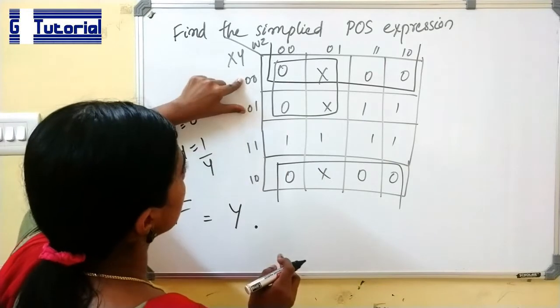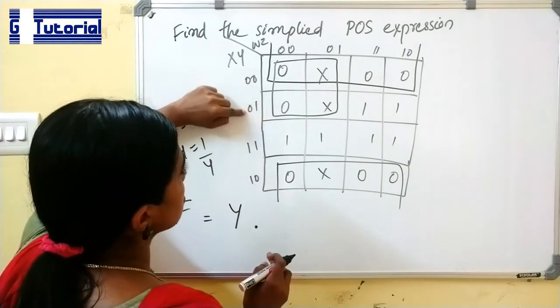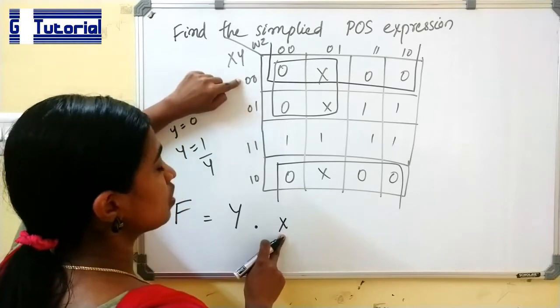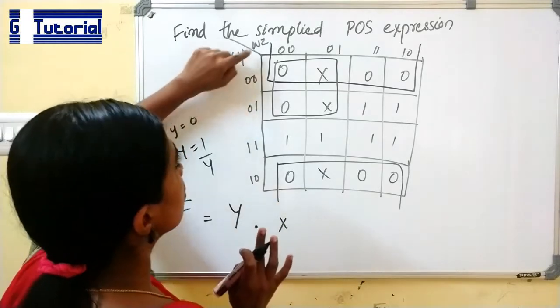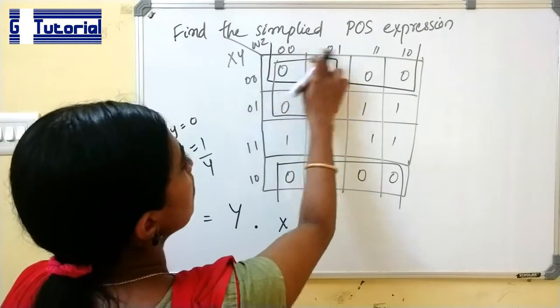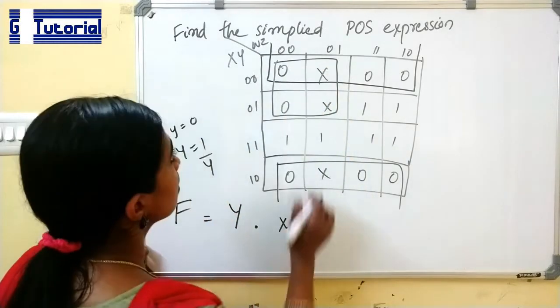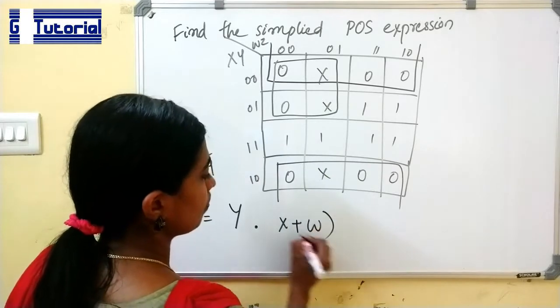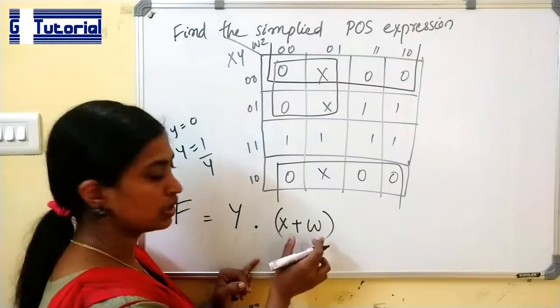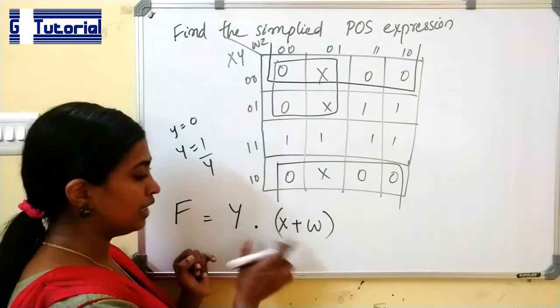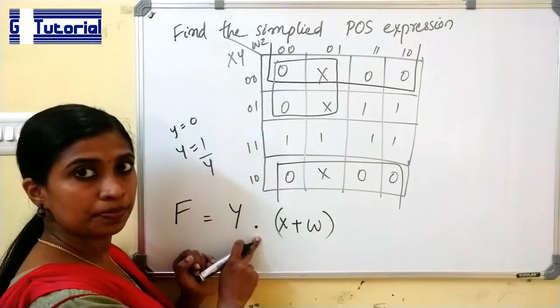Its expression is, x is not changing. So value of x is 0. So x is kept as such. Next, from here to here, w is not changing and the value of w is 0. So plus w. This is the second term and this is the first term, and product of sums.